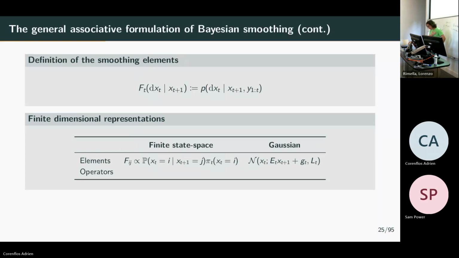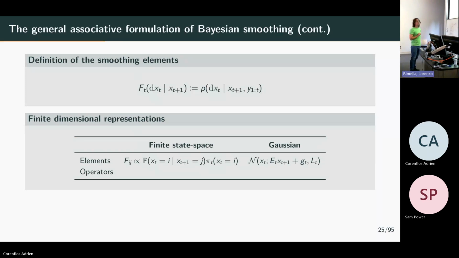So that can be expressed in the finite state space case and the Gaussian case. In the Gaussian case, for instance, I know for a fact that my joint distribution is Gaussian. Therefore, my conditional has to be Gaussian, and all I have to do is find the parameters.